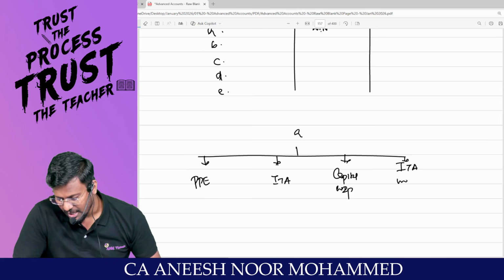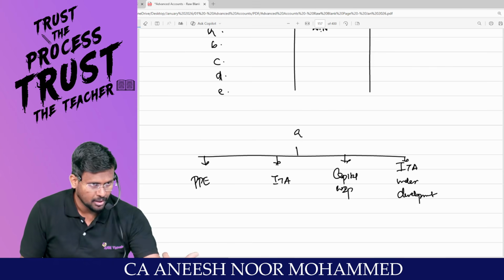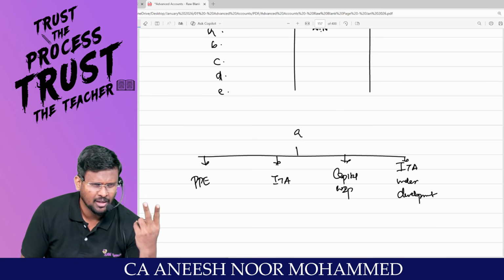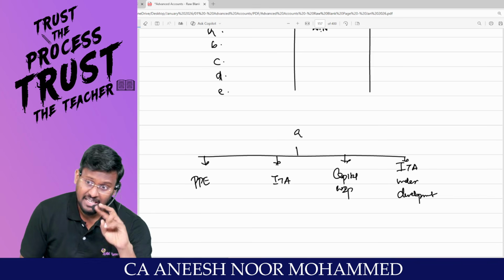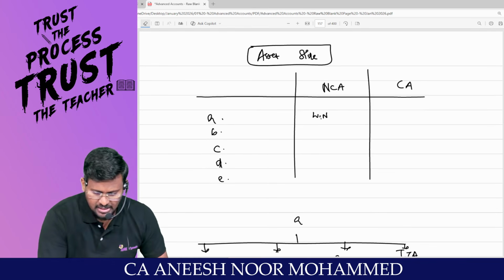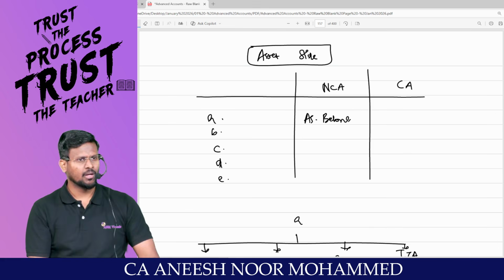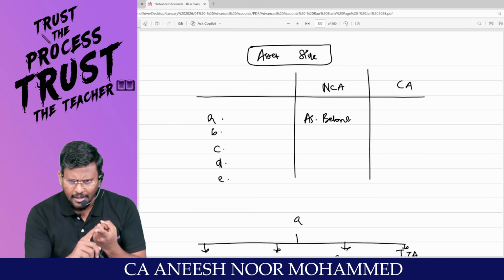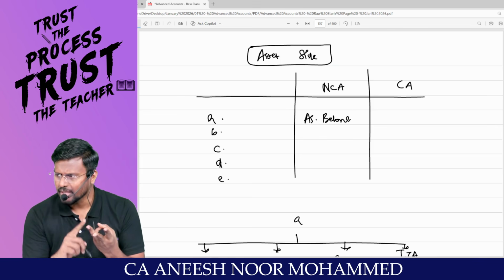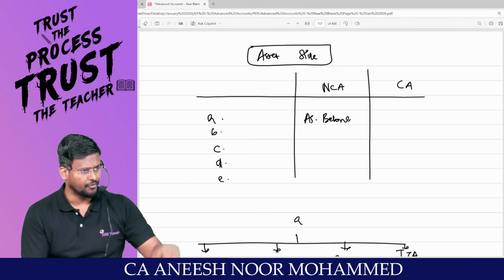Then intangible asset under development; don't say under construction, it is under development. Two stages will be there: research phase and development phase. So this is the classification of A. All the tangible items, all the intangible items, all the capital WIP, and also the intangible asset under development, I have notified.